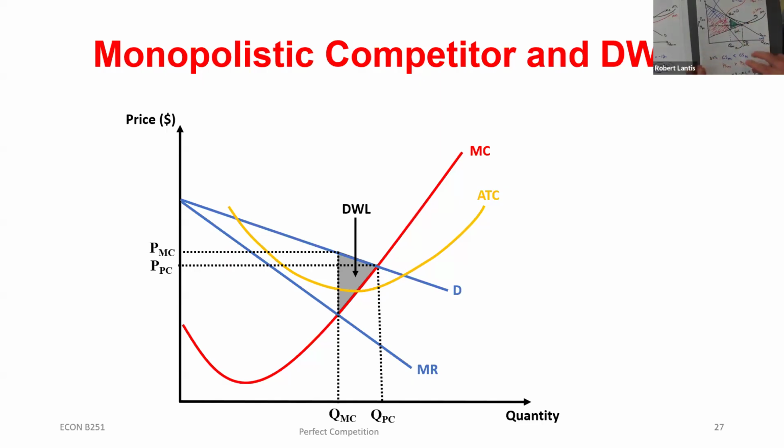Okay. So just to clean this up a little bit, I'm going to draw something out just so we have less going on in the same graph. So we said, here's the firm's demand curve. Here's my marginal cost.